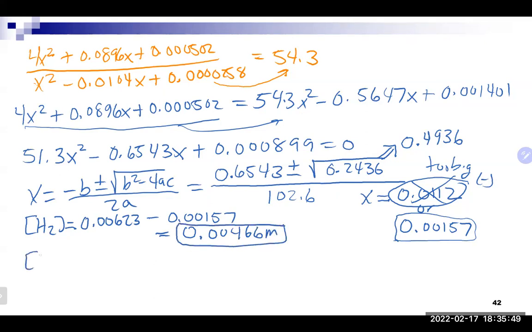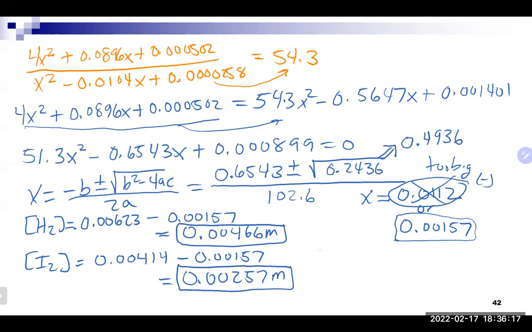Our I2 concentration is our initial, which in this case was 0.00414, minus our x value of 0.00157, giving us for I2 a concentration of 0.00257 molar.